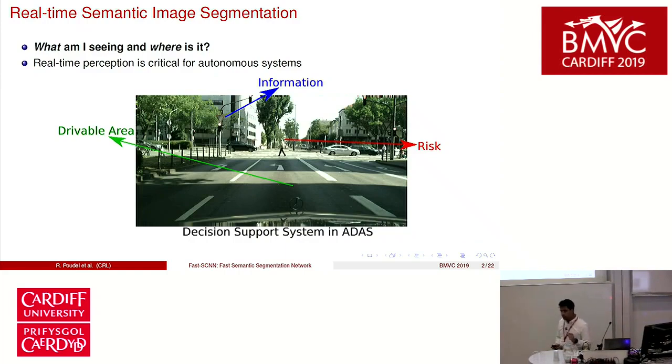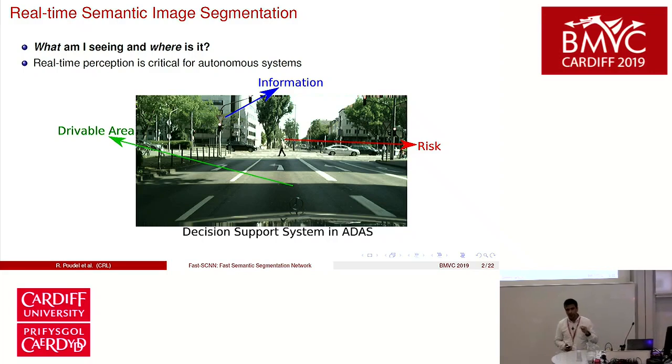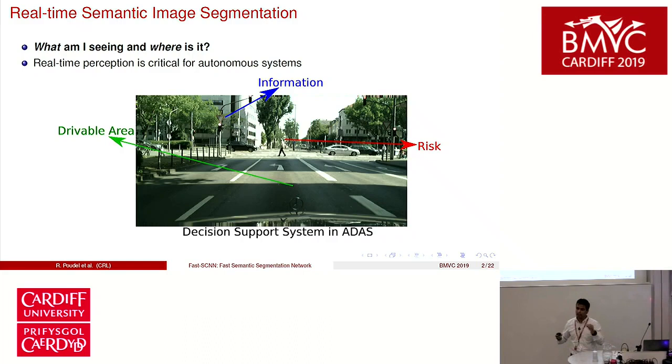I would like to emphasize one thing: just real-time perception is not important, I mean, it's not enough. The reason is, if you look around at the most advanced autonomous systems we have now, they have quite complex systems, and perception is just a tiny part of that.